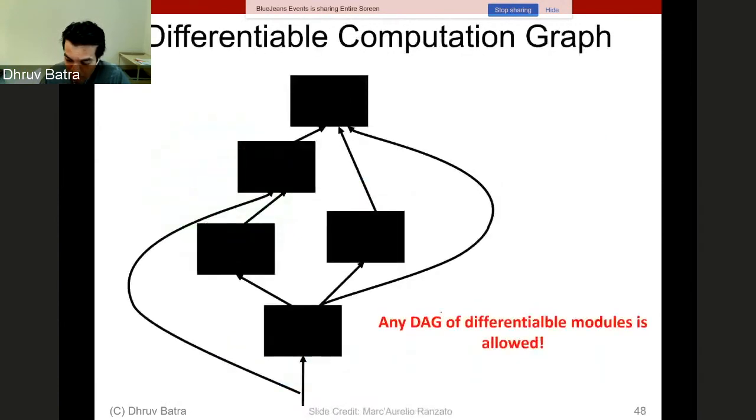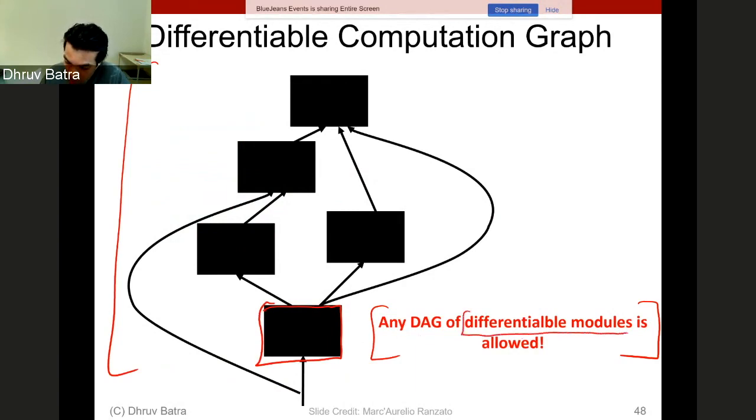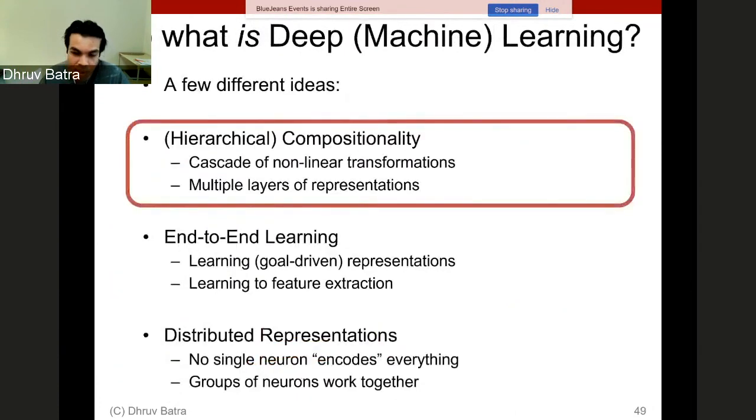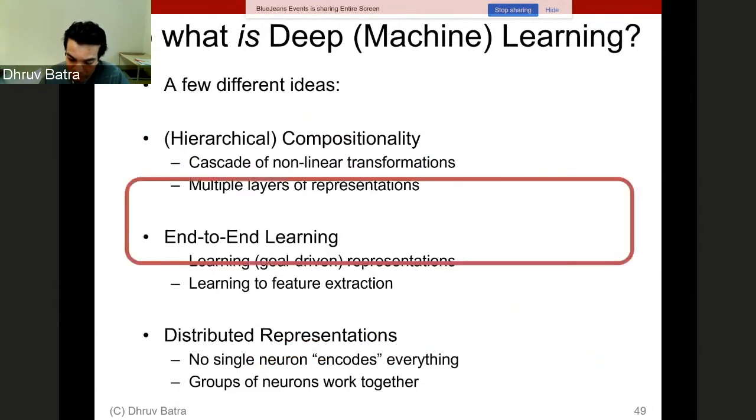In this entire semester, we've been constructing architectures or function approximators that are composed of simpler function approximators. And the only constraint is that, as long as you have a differentiable module, you can stack them however you want. You've learned about convolutional modules, recurrent modules, various activation layers, and the only thing that you had to care about is partial differentiability.